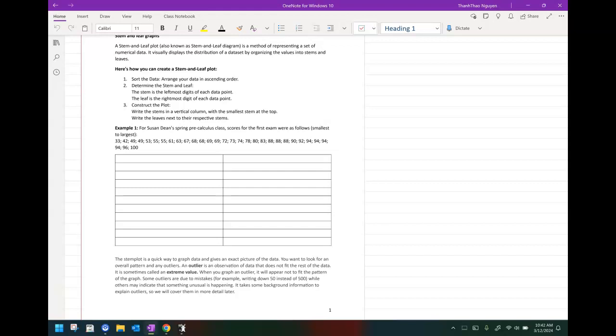Okay, so here we have a set of data and it is already pre-sorted for you. So let's say this left column is the stem and the right is the leaf. The stem is the leftmost digit of each data point.